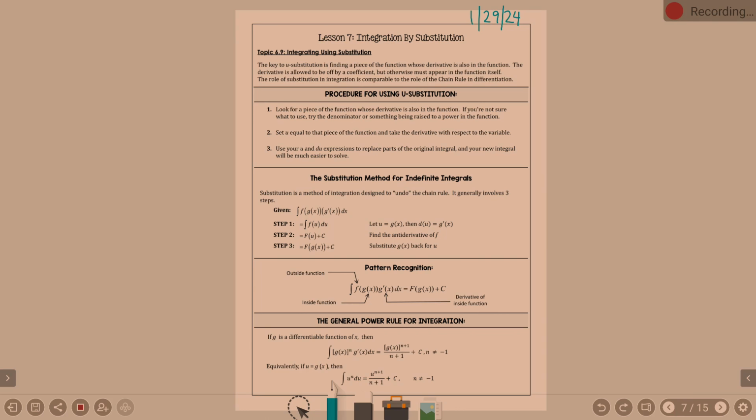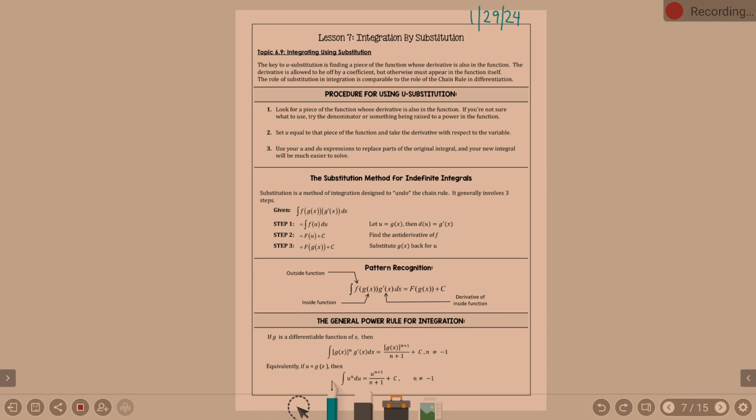Then we'll have u and du, and we use those to replace the integral, making sure everything is covered. The new integral is easier to solve.